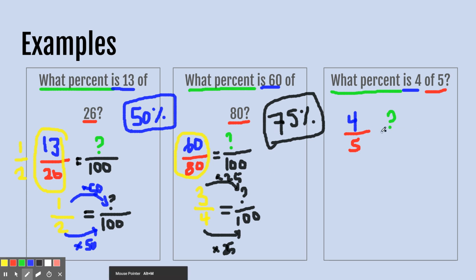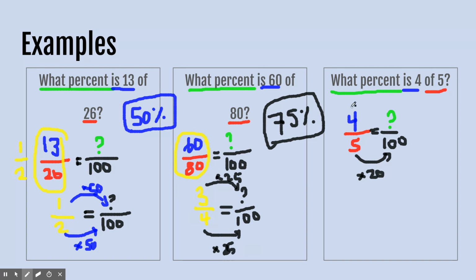So I would say, oh, 5 times 20 is 100, so 4 times 20 would give me the equivalent percent. 4 times 20 is 80, so this is 80%.